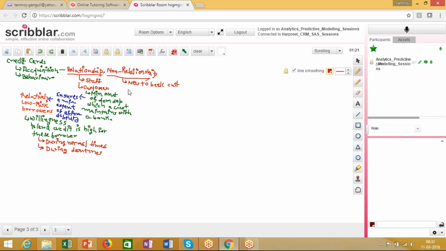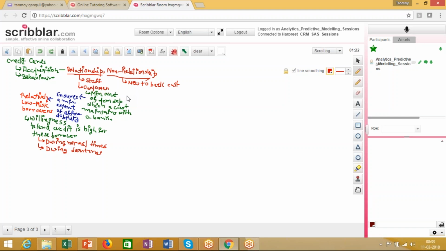Okay, so let's stop here for the day and continue tomorrow. In tomorrow's session, we'll discuss more about the non-relationship segment: when it is preferred, when not, and what the impact could be of incorporating the non-relationship segment in the lending process.